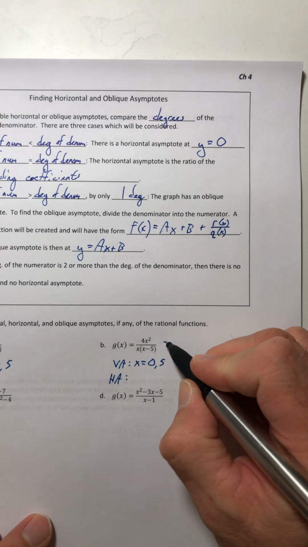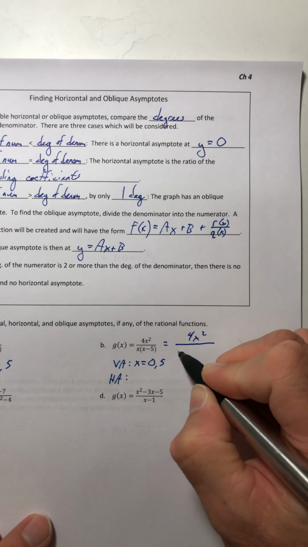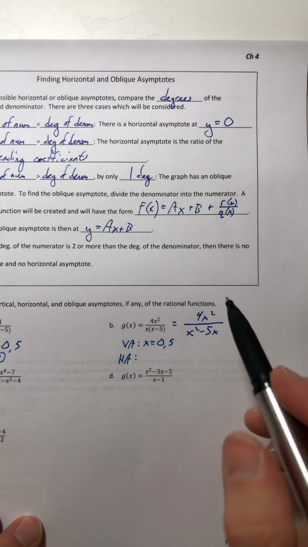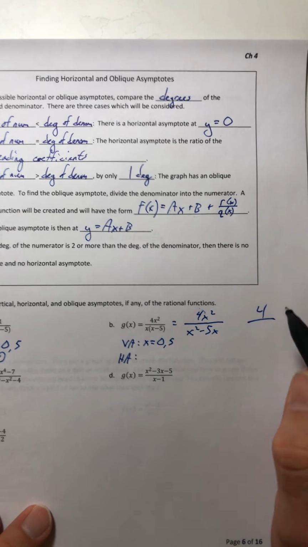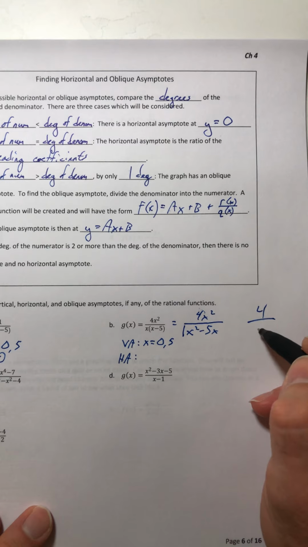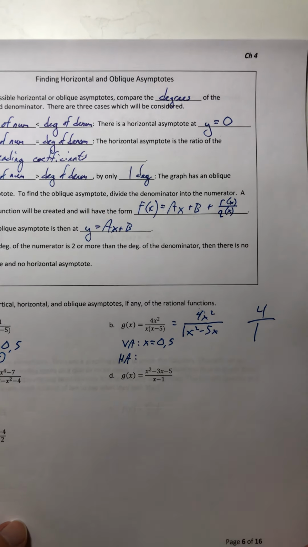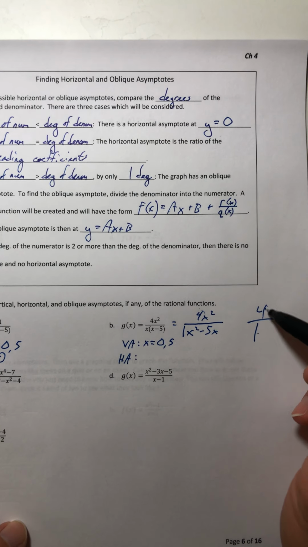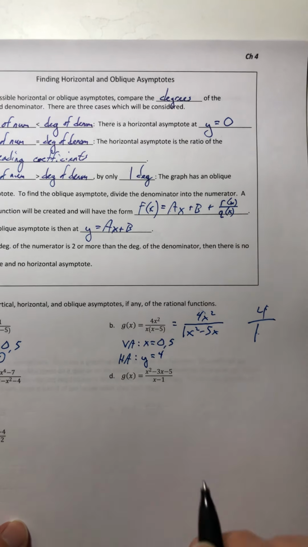So if you multiplied it out, your leading coefficient on the top is a 4. The leading coefficient underneath is a 1. Leading coefficients are the coefficients that go with the highest power, in case you're wondering. So there's your ratio, 4/1.